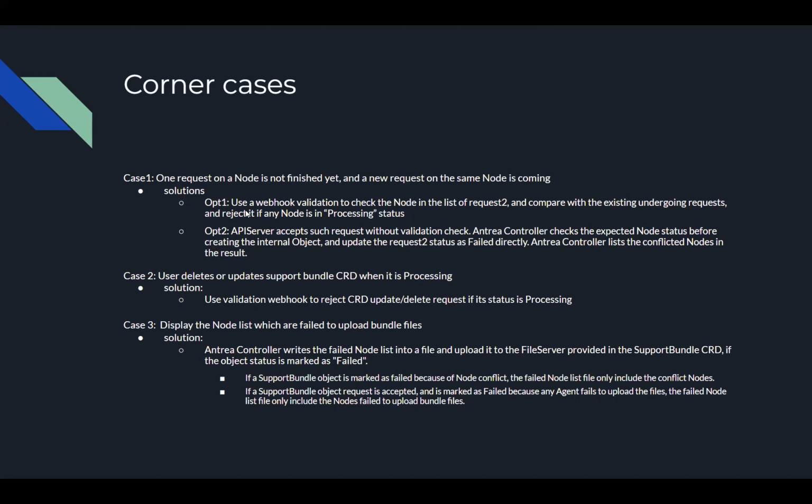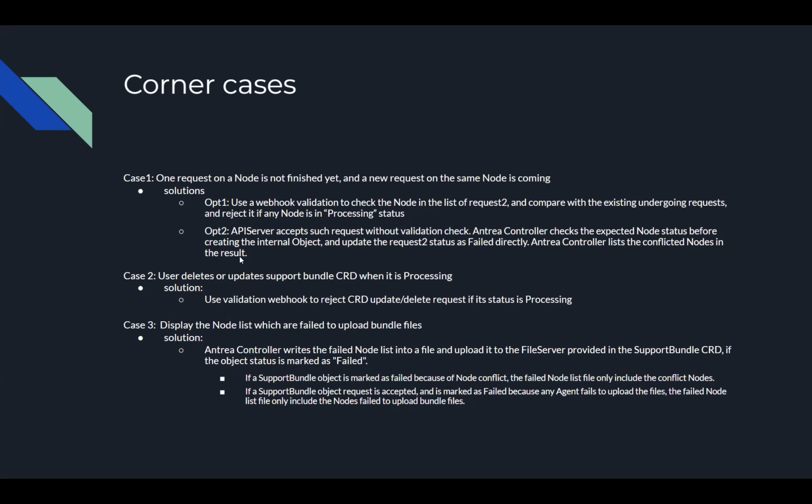One is that we can use a validation webhook to check the nodes in the list of the second request and compare them with the existing ongoing requests. If it finds that a node conflicts with the first request, the validation webhook can reject the request.